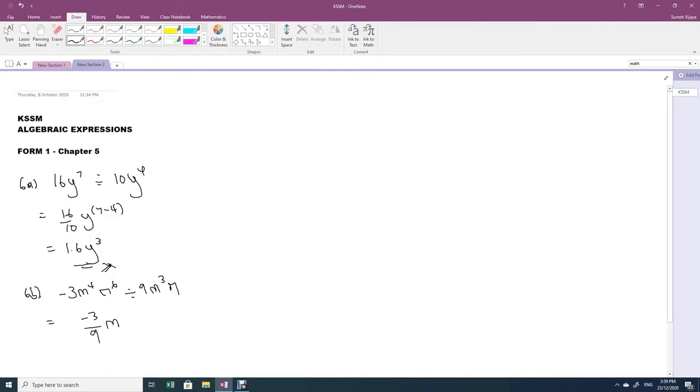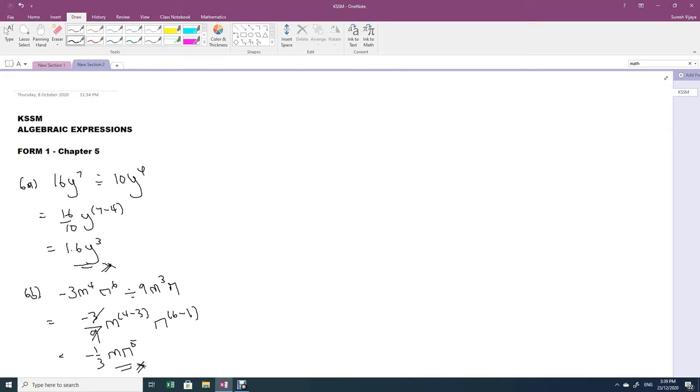We have 3 divided by 9, so negative 1 over 3. For m, we use 4 minus 3, which is 1, so we have m. Then for n, we use 6 minus 1, which is 5, so n to the power of 5. So there is 6b here.